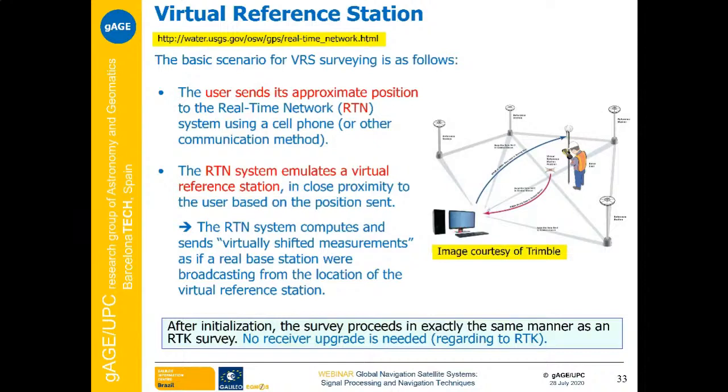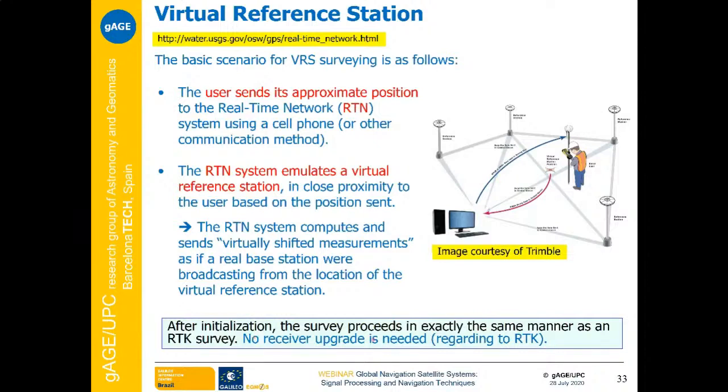And the central processing facility, using the information of the reference station network, emulates a virtual station, like a real station, but virtual, close to the user, where in the generation of this virtual station, the atmospheric propagation model has been taken into account in order to generate the conditions close to the user. And then the user can proceed in the same manner as in a typical RTK survey.